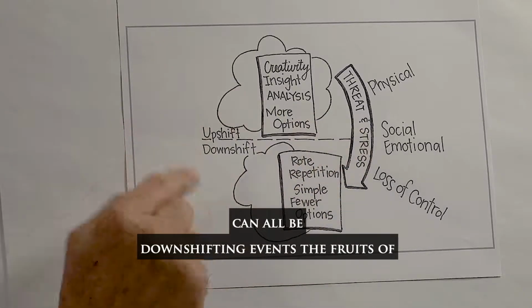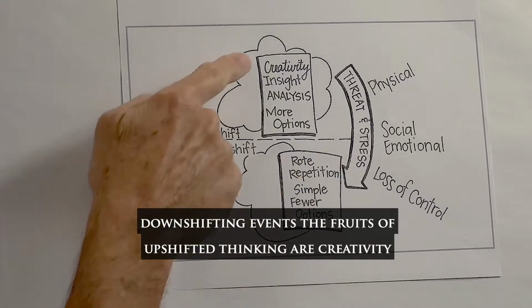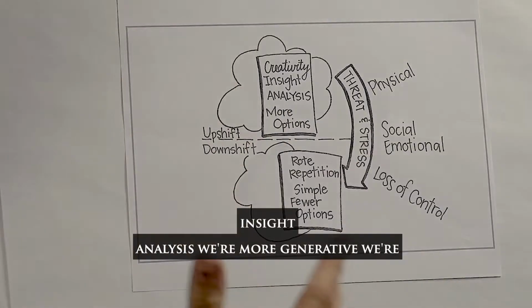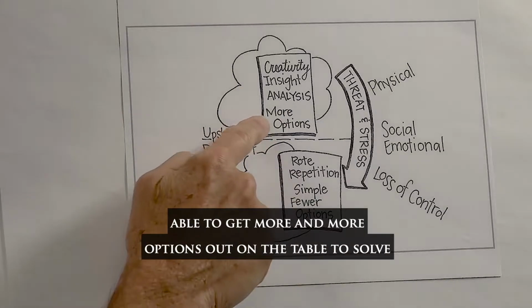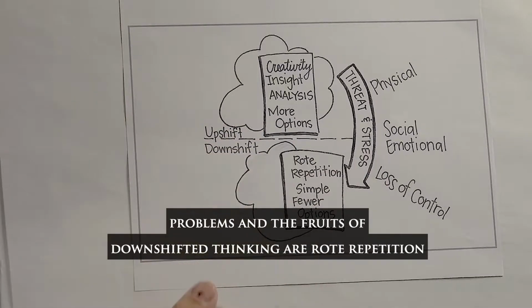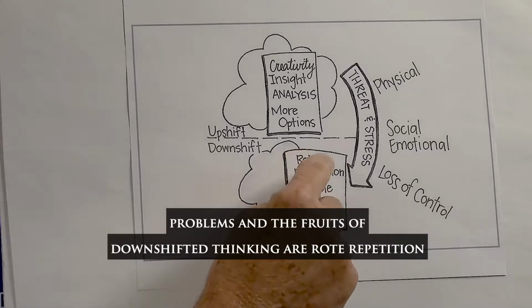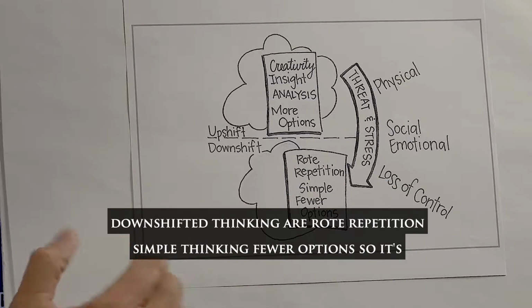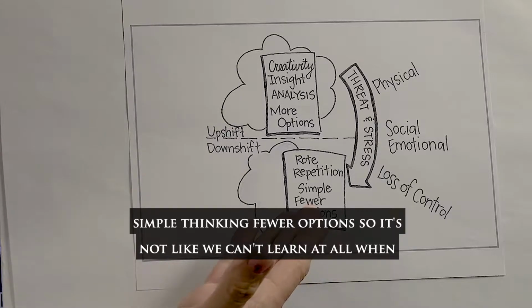The fruits of upshifted thinking are creativity, insight, analysis. We're more generative. We're able to get more and more options out on the table to solve problems. And the fruits of downshifted thinking are rote repetition, simple thinking, fewer options. So it's not like we can't learn at all when we're downshifted.